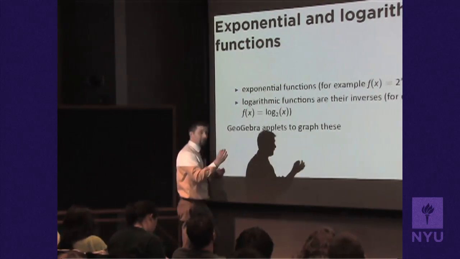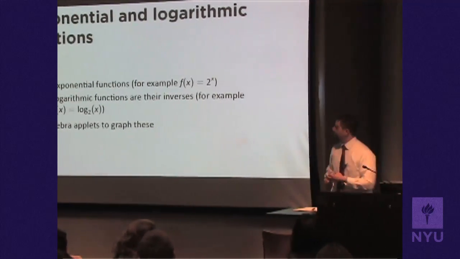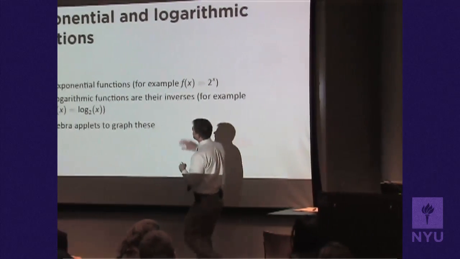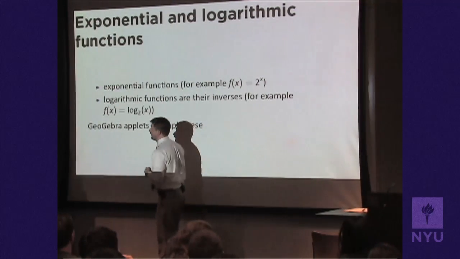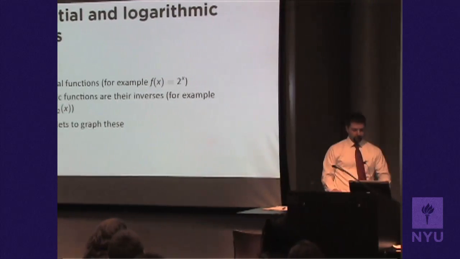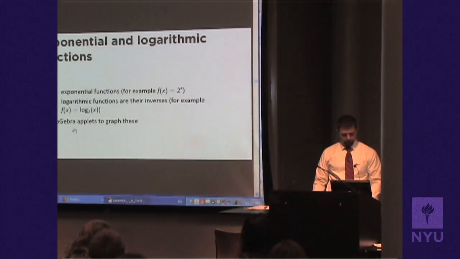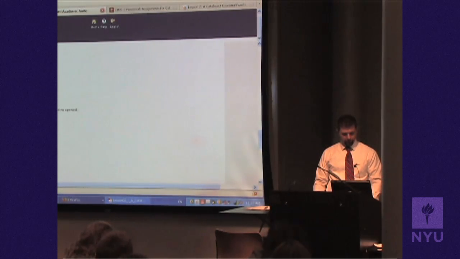So x squared is polynomial, 2 to the x is exponential. And the logarithmic functions are the inverses of the exponential functions, which means that their graphs are reflections of the graphs of the exponential functions. So I got one more set of applets to open to see those.